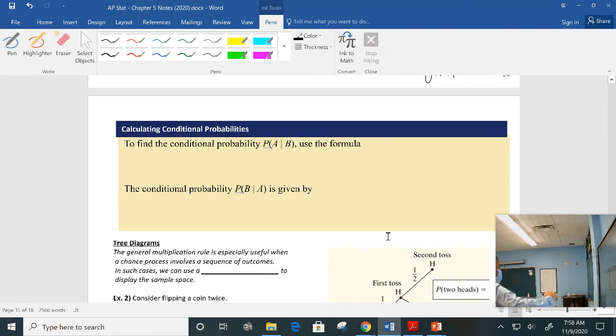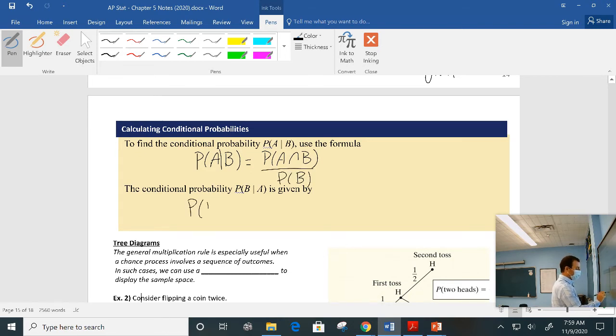So, our conditional probability formula, which is on the formula sheet, looks like this. If we've got the probability of A given B, it's equal to the probability of A and B over the probability of B. And if we reverse that, the probability of B given A is equal to the probability of B and A over the probability of A. So your denominator is your overall total, okay?